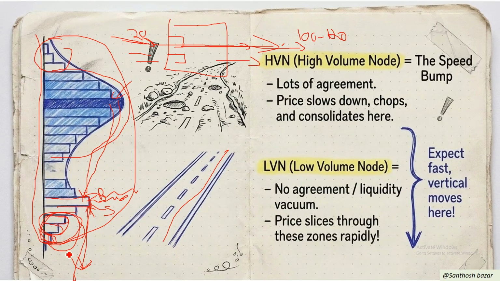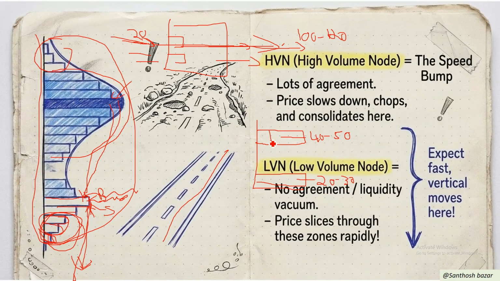So if we take a real world example, there is a stock here which is accumulating in this range, 40 to 50, and here again there is an accumulation between 20 to 30.